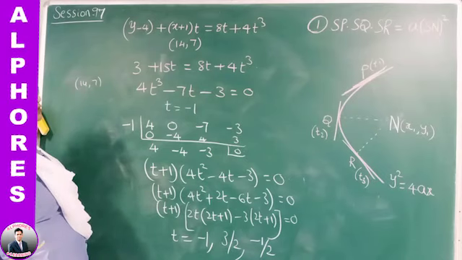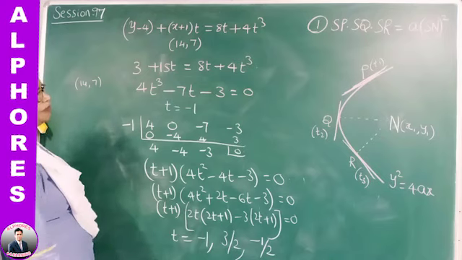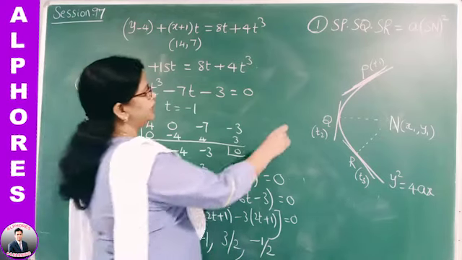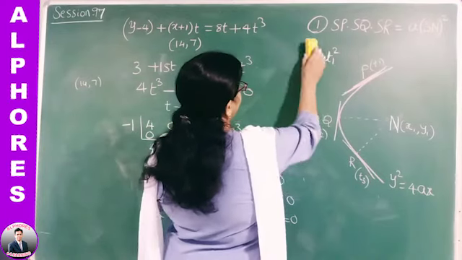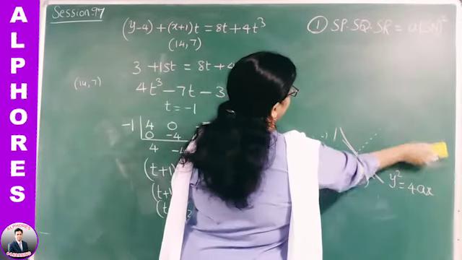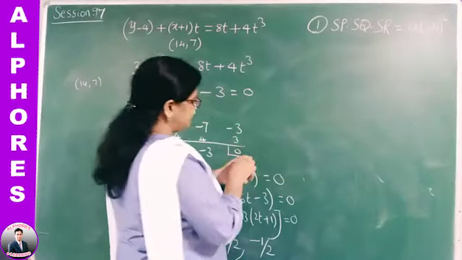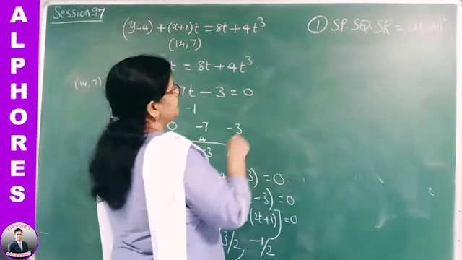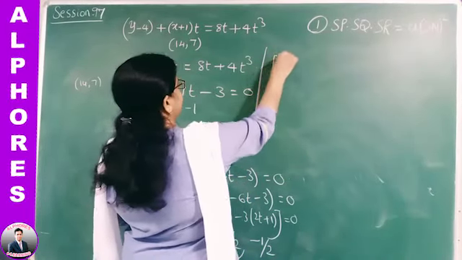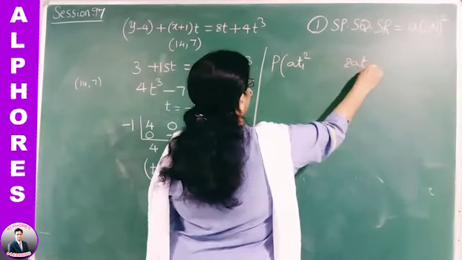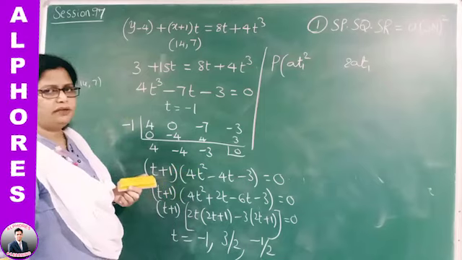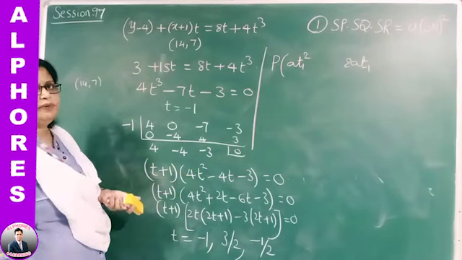Now what are they asking, what is the question? The co-normal points. Co-normal points, this point all of you know, at1 square comma 2at1. So P of x1 comma y1, the first point, is nothing but at1 square, and this side you have 2at1, but you are not taking the parabola y square is 4ax, right?